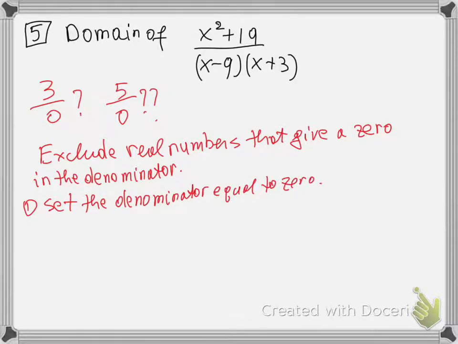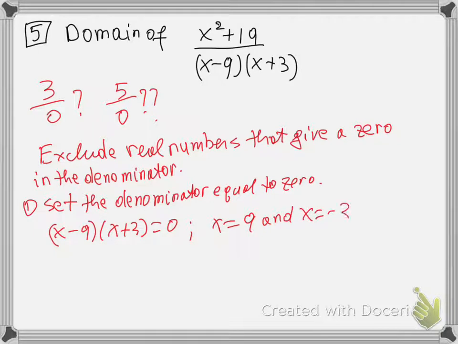So we have x minus 9 times x plus 3 equals 0, from which we get x equals 9 and x equals negative 3. So the domain is all real numbers except x equals 9 and x equals negative 3.